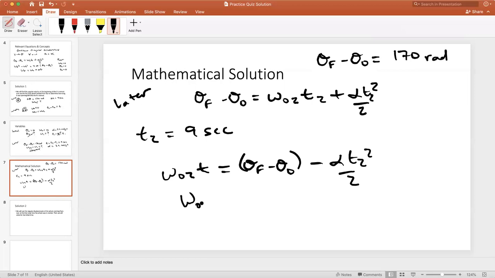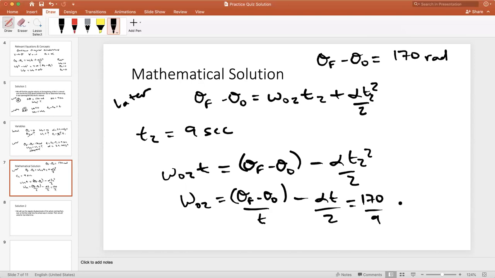And dividing through by t, I get theta final minus theta initial divided by t, minus alpha t over 2. So this is 170 rad divided by 9 minus 2.9 divided by 2 times 9. And that ends up being 5.84 radians per second.